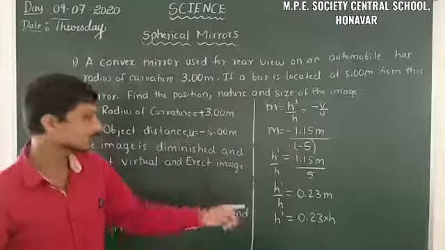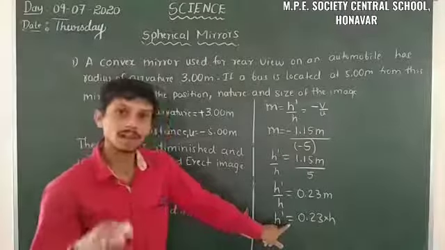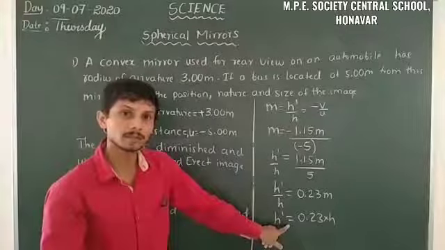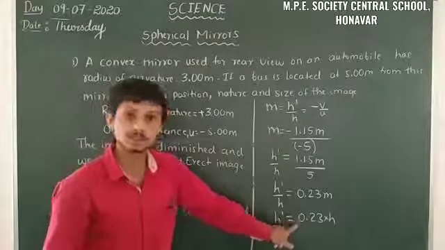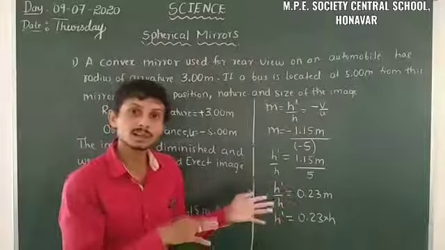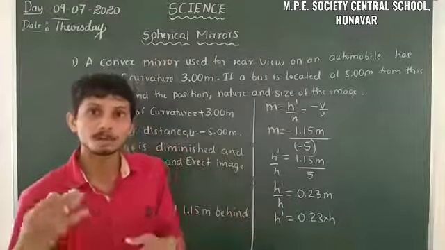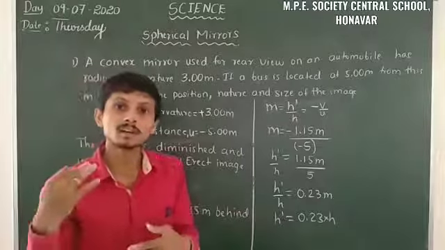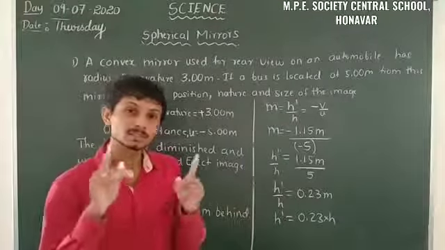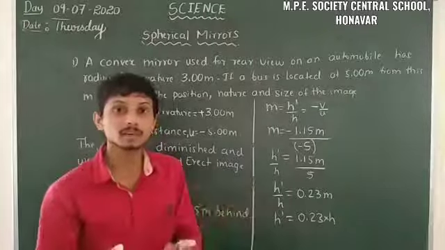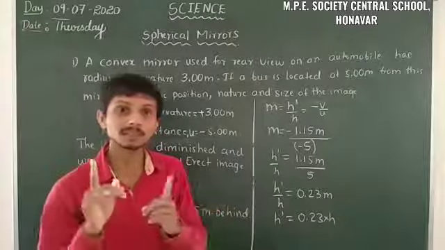Erect image means the height of the image is positive. When the height is measured perpendicular to and above the principal axis, only then is the height of the image positive.